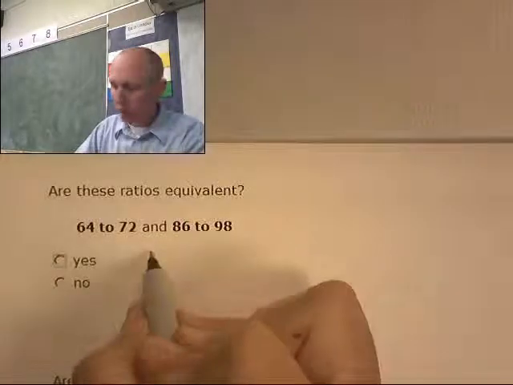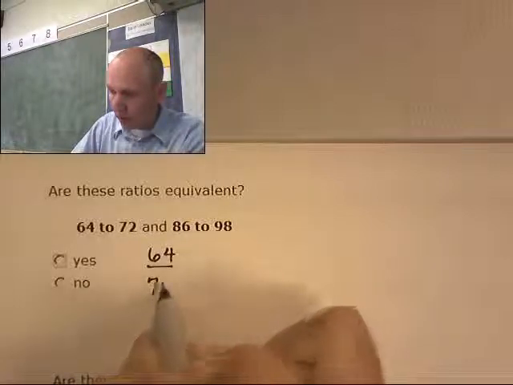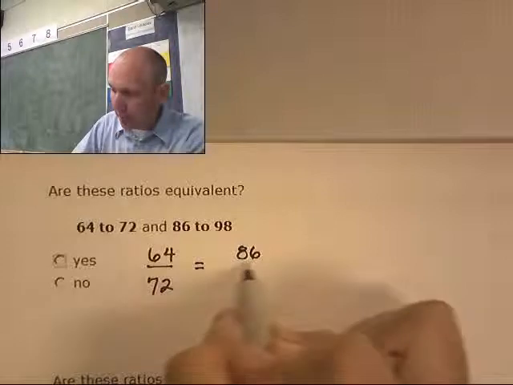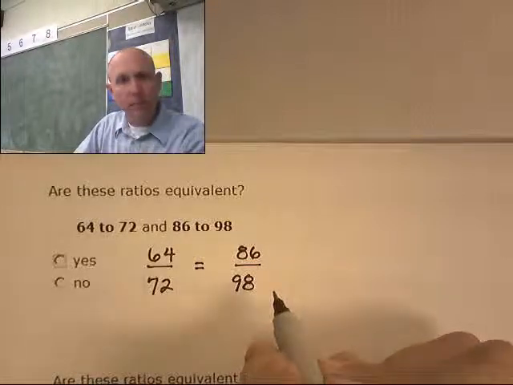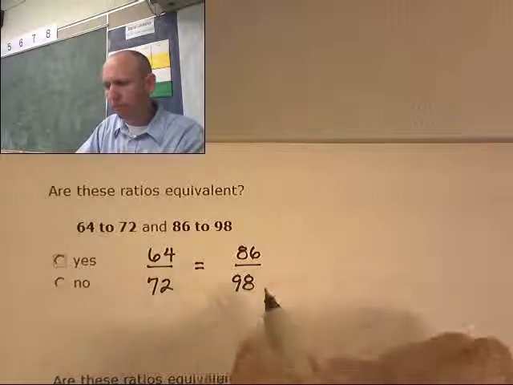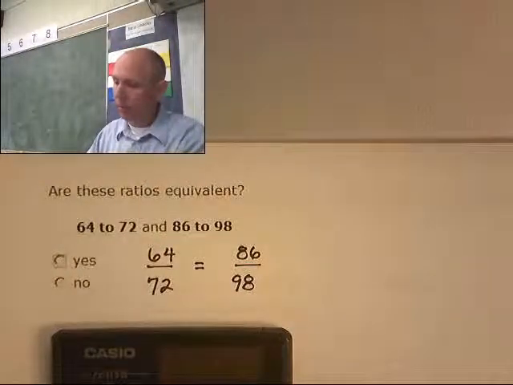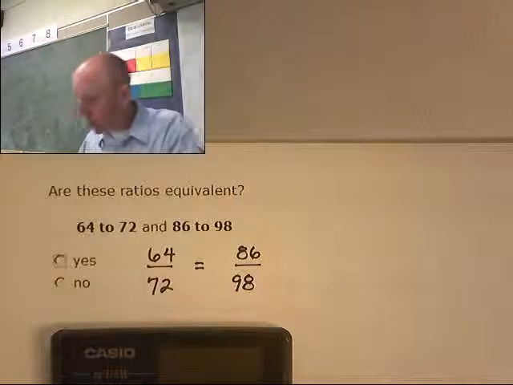64 to 72. I'll write that as a fraction. So 64/72. Is that equal to 86/98? I could reduce them. I can use a calculator though. Let's see. What's 64/72? 0.8888.